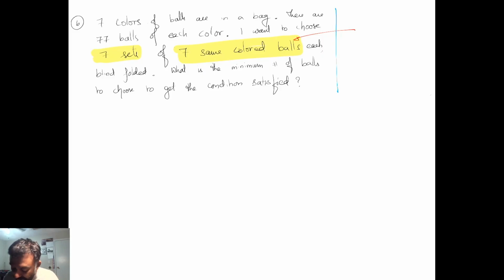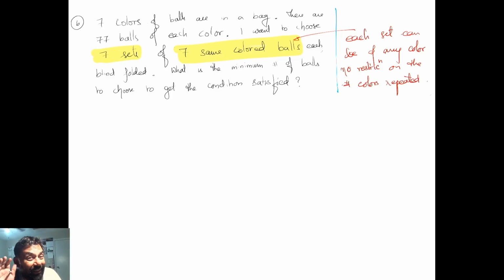So it just says that each set can be of any color, no restriction on the number of colors. So nobody is asking you to get 7 distinct colors and all that. No, nothing like that. Okay.